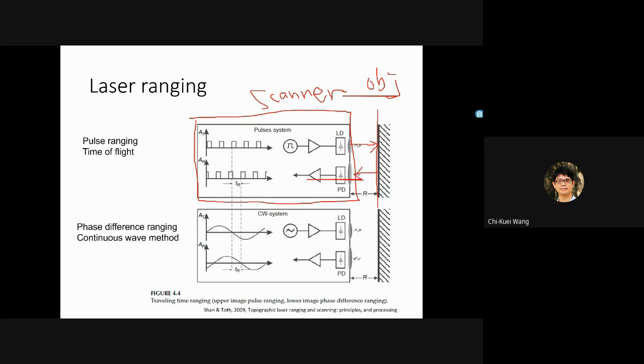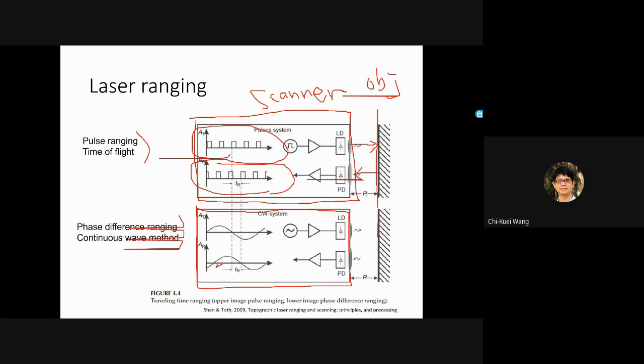And then, this is the signal being transmitted, and this is the signal being received, for the pulse ranging system. And for the phase ranging system, sorry for the trouble with my mouse, this is the scanner.